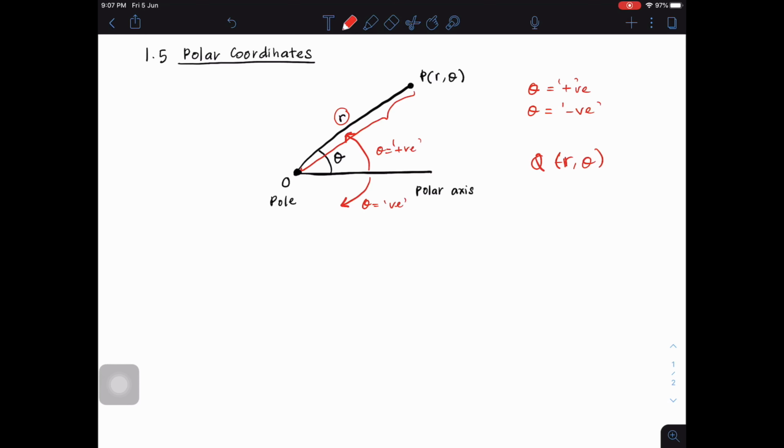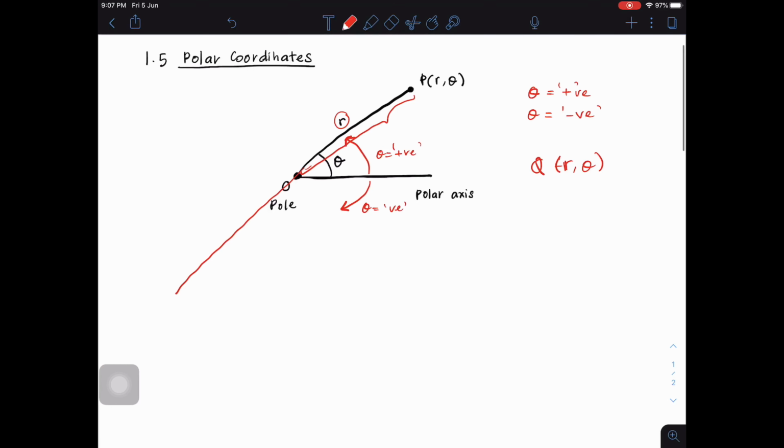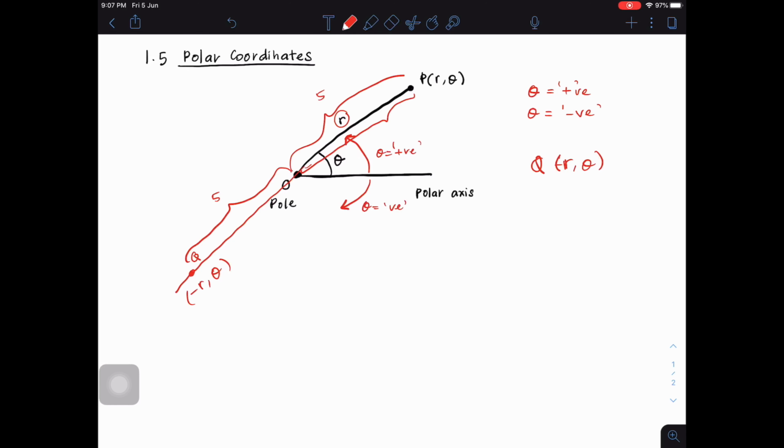If the distance r from the pole to P is equal to 5, then the distance from the pole to point Q is also 5.